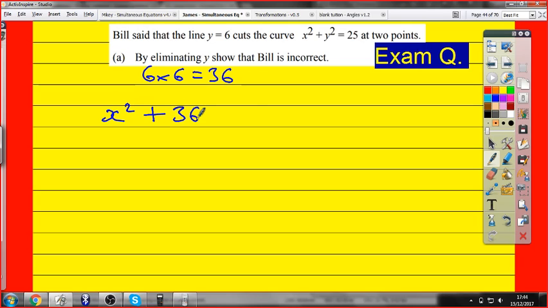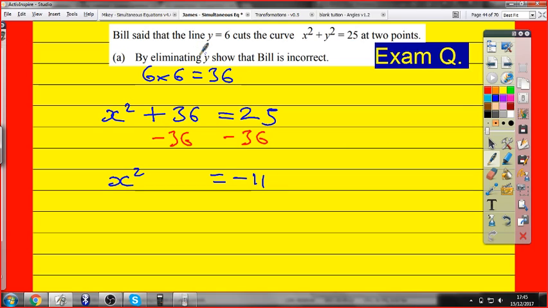So to get from 36 to 25, we need to take away 11. Well, what would x squared be equal to? How do you get rid of the plus 36? By taking away 36. Okay, so if you take away 36, what do you get? Minus 11. That's right. Okay, x squared equals minus 11.